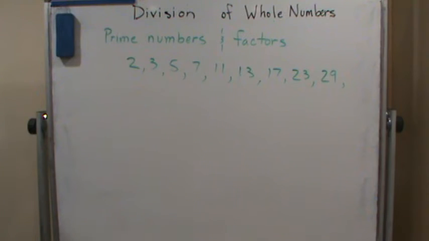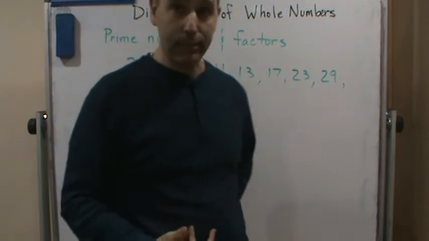So those are prime numbers. I mean, you could keep going. 31, right? 31 is a prime number. 37, 41, 43, 47. In fact, there are an infinite number of prime numbers.